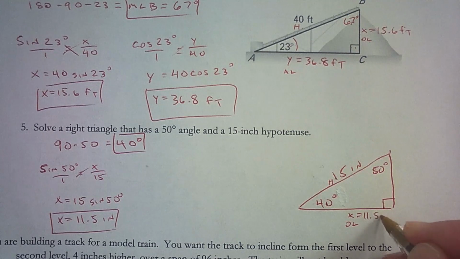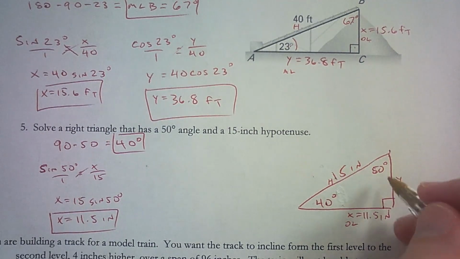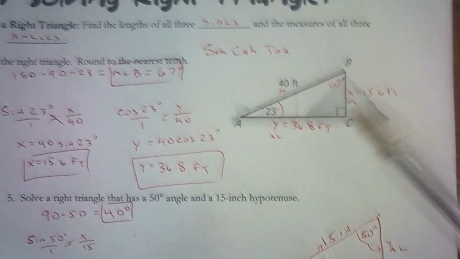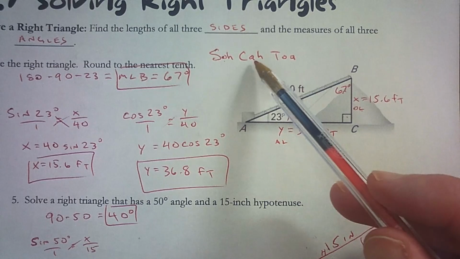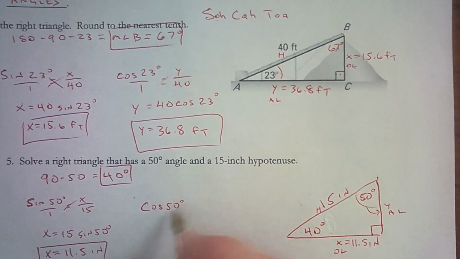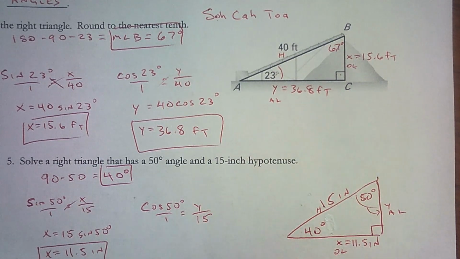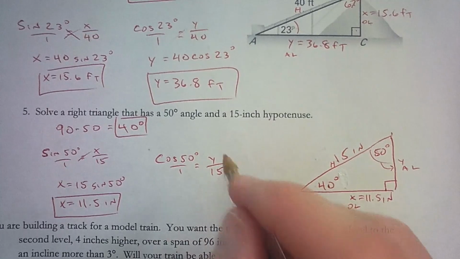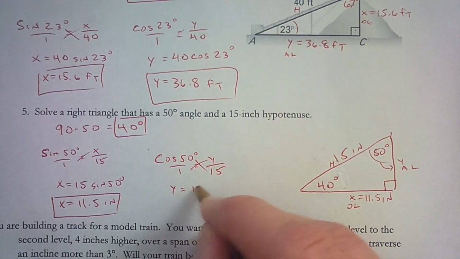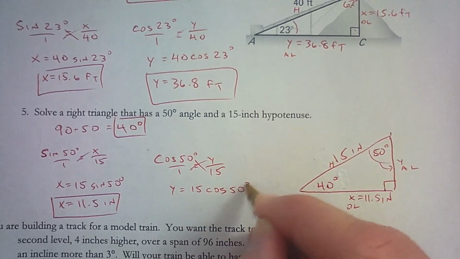So we have here 11.5 inches, and we'll call this one y. And from this 50, that is the adjacent leg. So we have adjacent leg and hypotenuse, which means cosine. So cosine 50 degrees is to 1, as the adjacent leg, y, is to the hypotenuse 15. So our cross products are 1y and 15 cosine 50.